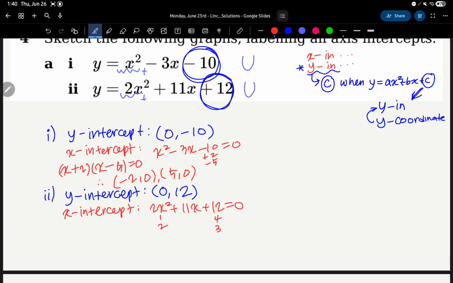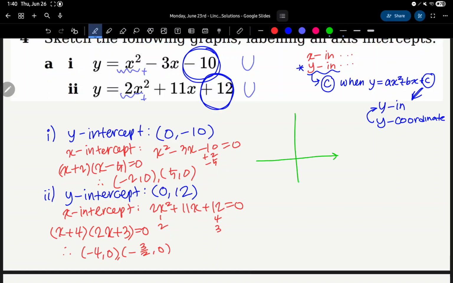So that's going to be (x + 4)(2x + 3) = 0. So our answer is going to be (-4, 0) and (-3/2, 0). Since we know all of the coordinates, we can draw them onto the xy plane.